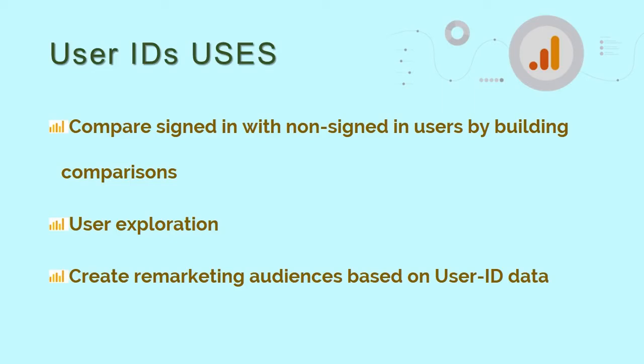One of the biggest advantages of user IDs is that it easily allows us to create remarketing audiences. Remarketing is a very powerful concept if you're running ads on Google Ads and you have linked it to Analytics. We will discuss it later in some other video or article.